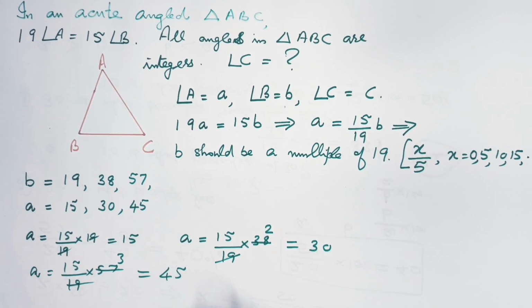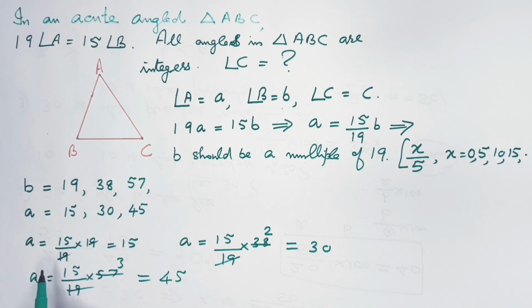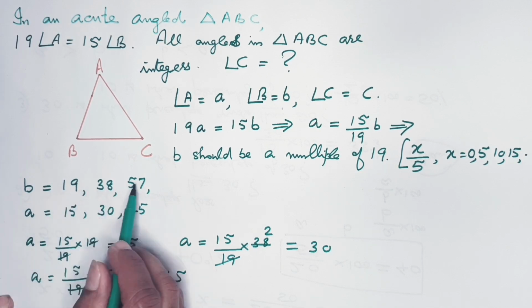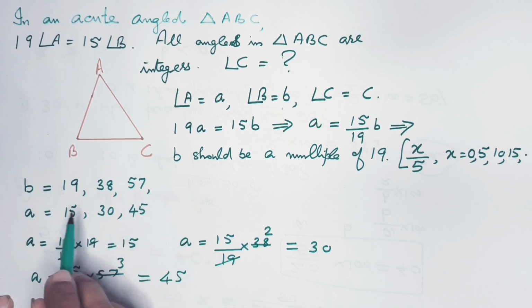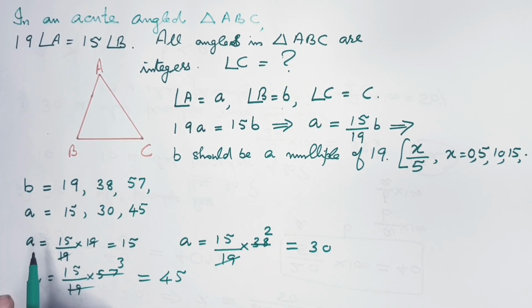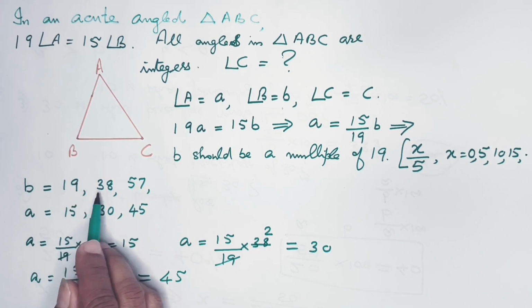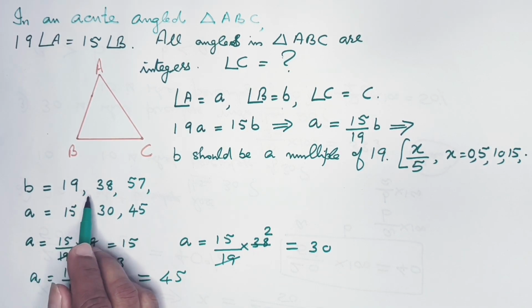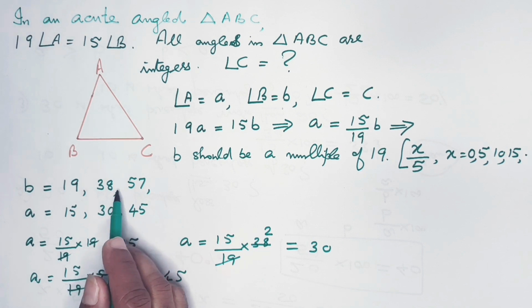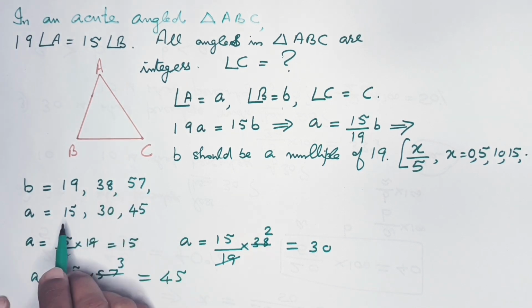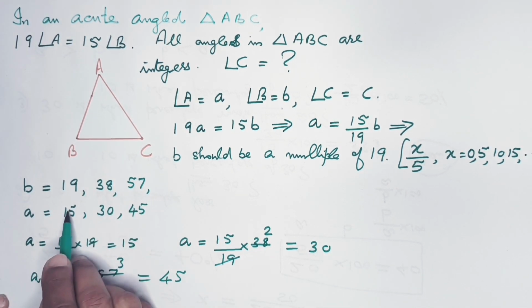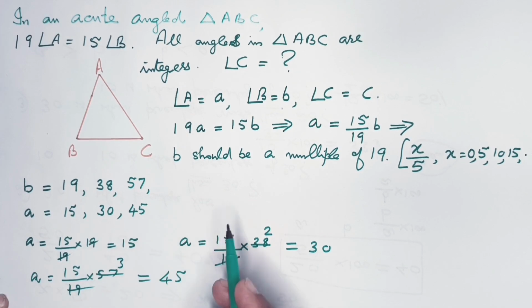In fact, you don't need to waste your time substituting B equal to 57, because the sequences of numbers you get for A and B will form arithmetic progressions. After writing the first two terms, you can see a common difference of 19 for B. So you just keep adding 19 for the first one. Similarly, here the difference is 15, so you get an arithmetic progression with a difference of 15.